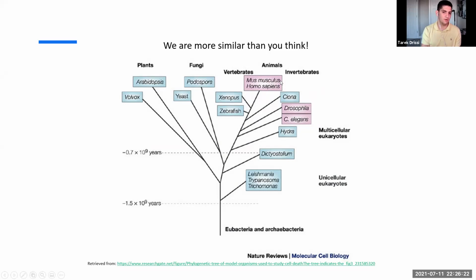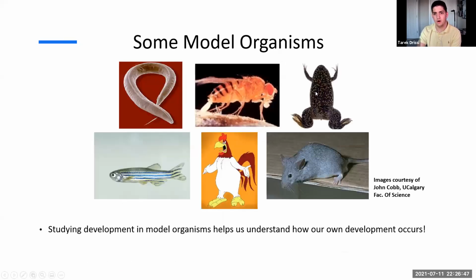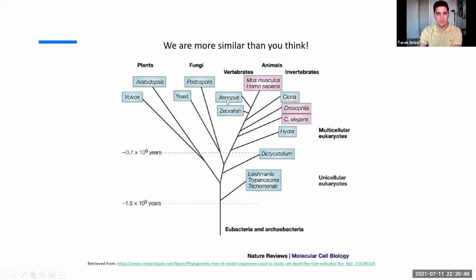They are the most similar model usually that you can get to study humans, other than maybe monkeys or chimpanzees, which are not commonly used as model organisms, but have been in the past. I'm pretty sure a group of scientists in China have successfully cloned macaque monkeys, which is pretty crazy. But yeah, so this is mice here. Xenopus, so this frog here, is pretty closely related to us.